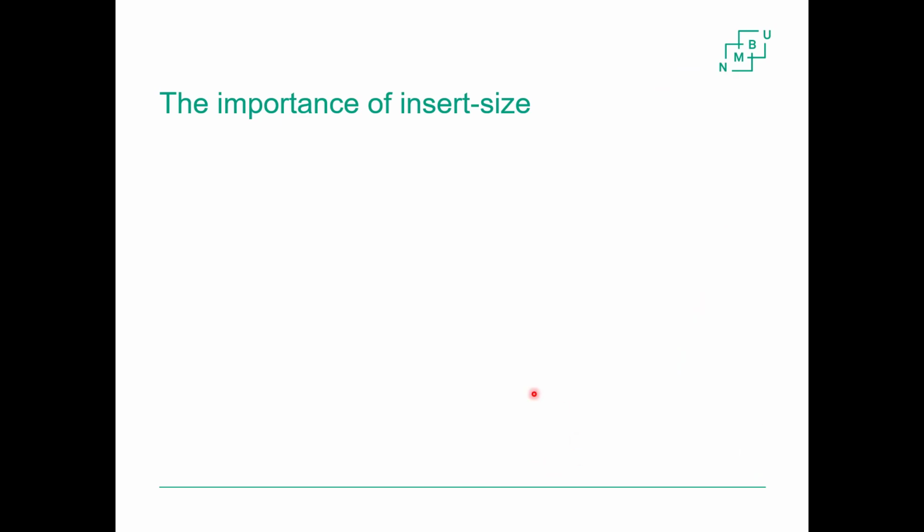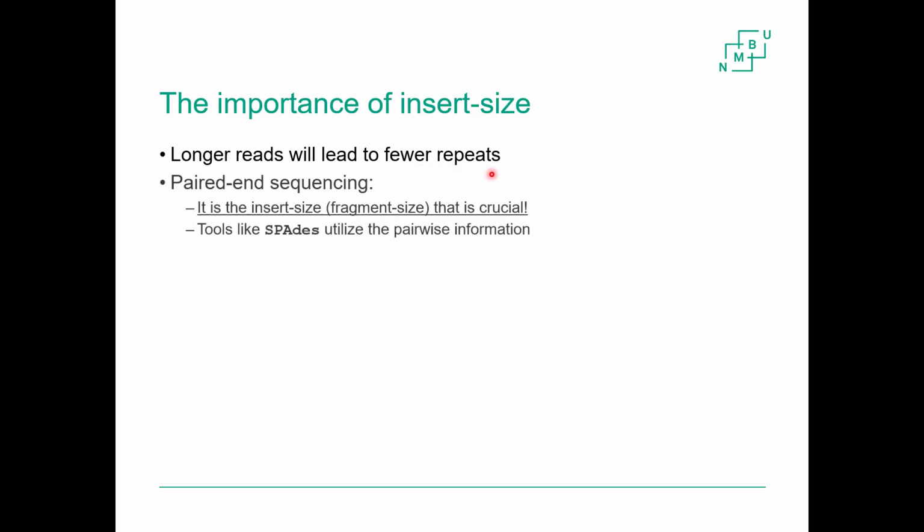I should also mention the importance of insert size. So remember, longer reads lead to fewer repeats. But when we do paired end sequencing, we actually have 2 rather short reads, but they are from the same fragment, right?